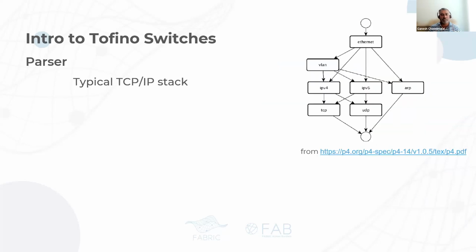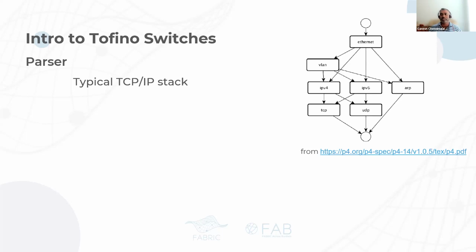So we are looking more closely into the parser part here. The typical TCP/IP stack parser graph is shown. So this is what the parser has. Parser has this parser graph, and it is trying to move from one state to another.